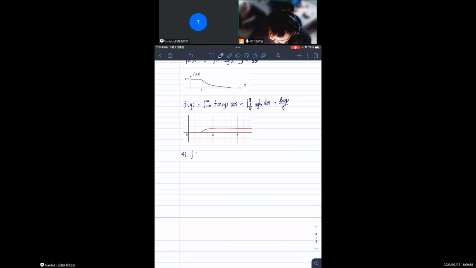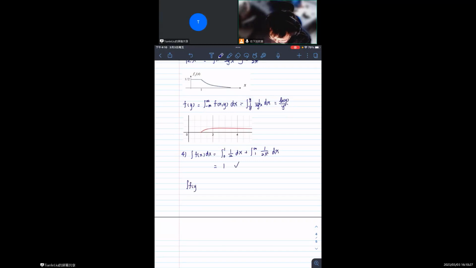The integral of f_X dx will equal the integral from 0 to 1 of 1/2 plus the integral from 1 to infinity of 2 over x squared dx. By the integral calculator, it equals 1, which is valid.